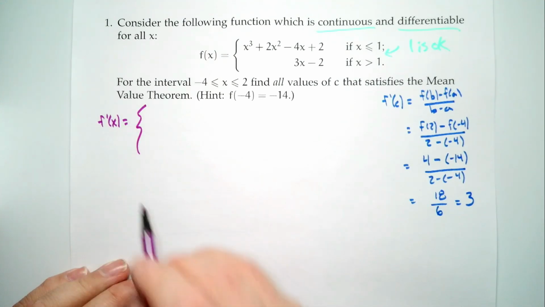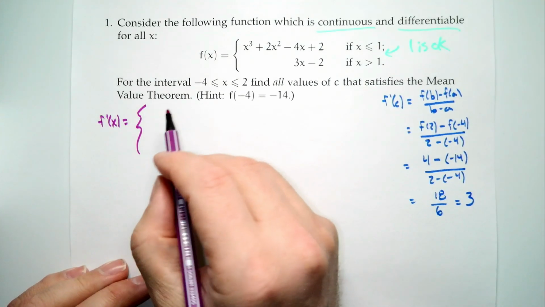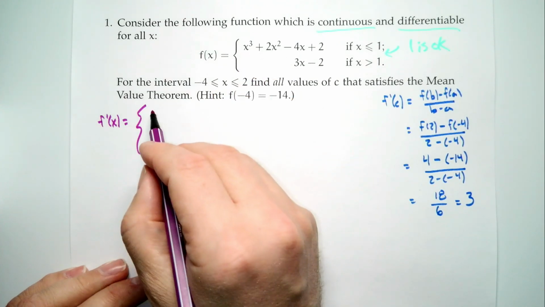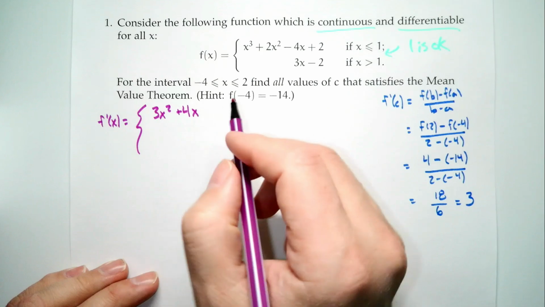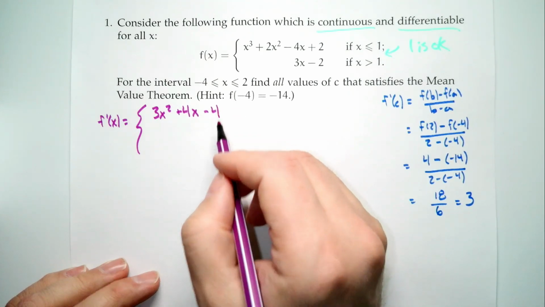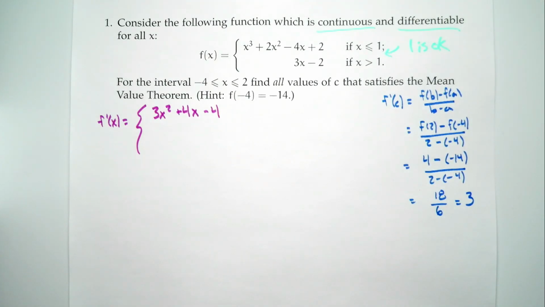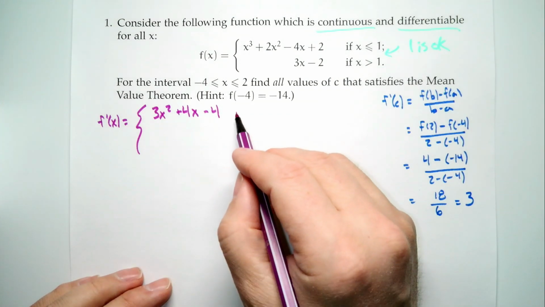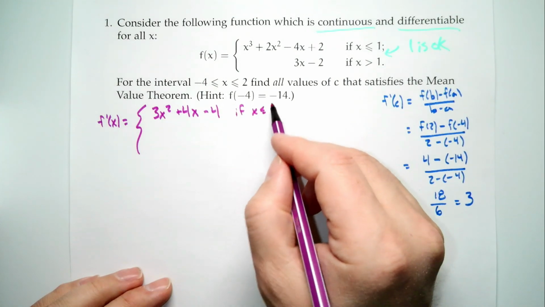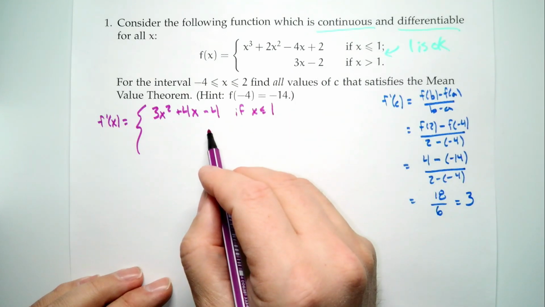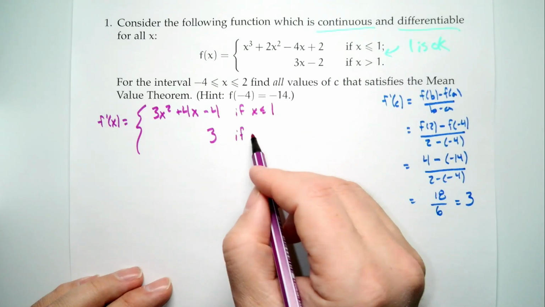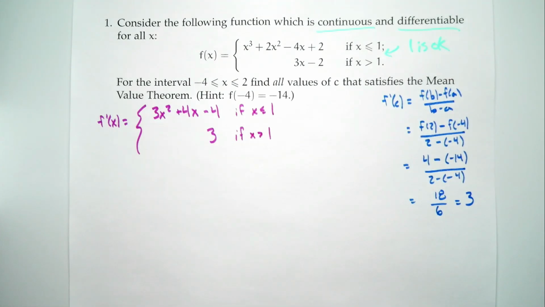So if we take our derivative, the first part will be 3x squared plus 4x minus 4, and that's if we're below 1. And the second part will be 3, and that's if we're above 1.